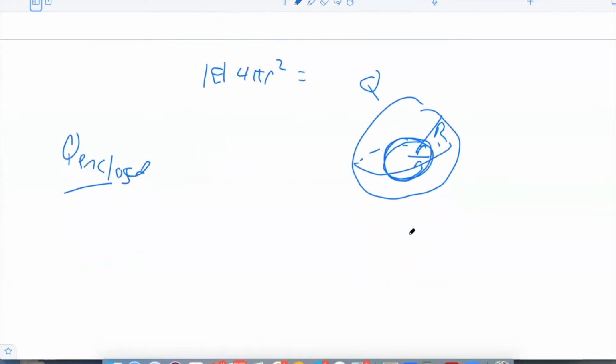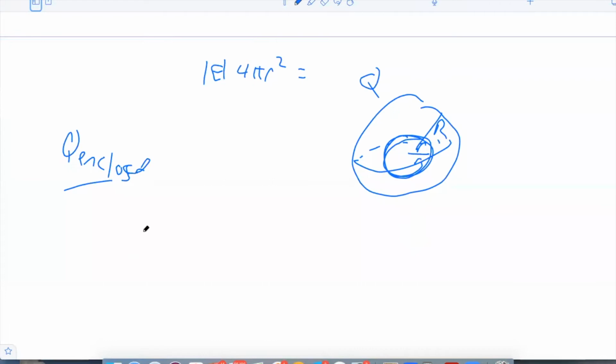So the key to every one of these, always, Q enclosed will always be your density times your volume enclosed. And when I say volume, that means whatever dimensional version we have. That might be area enclosed, that might be a linear distance enclosed. And this density will always match up with this volume.